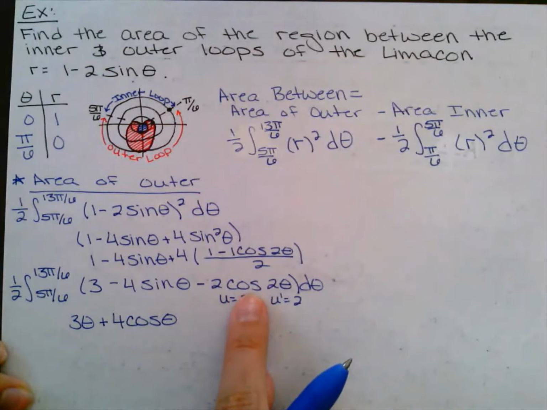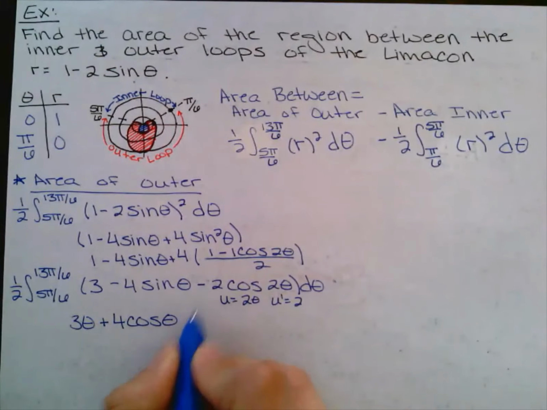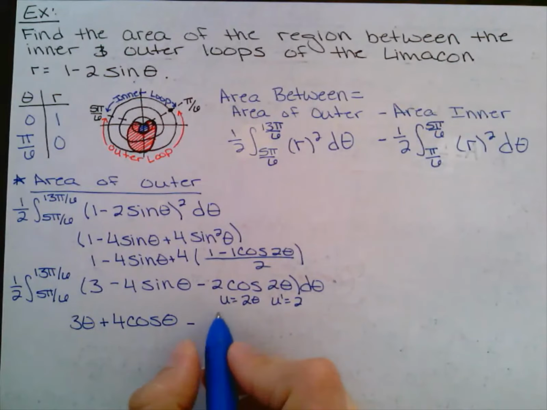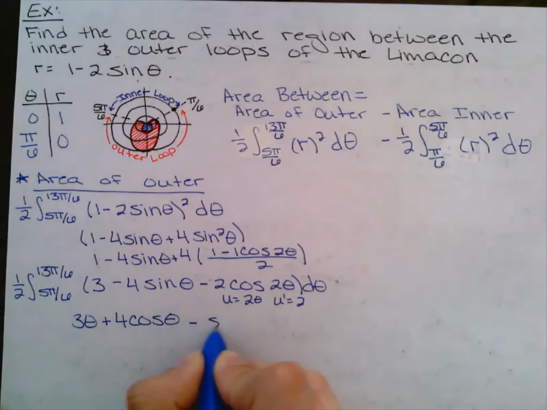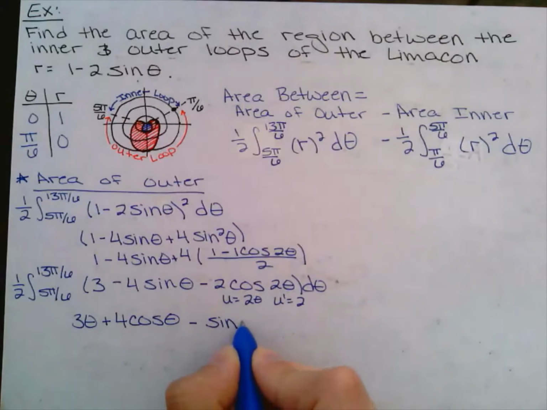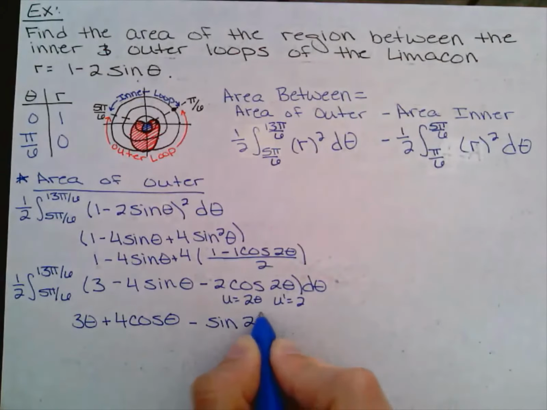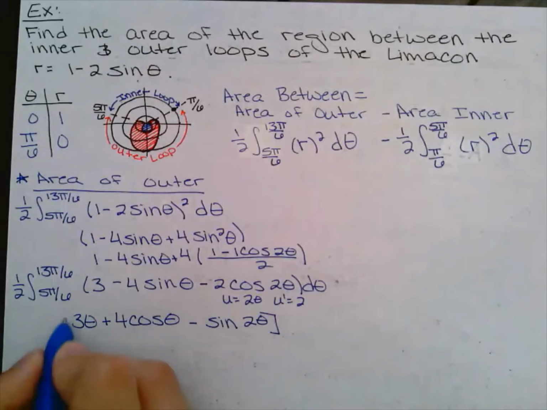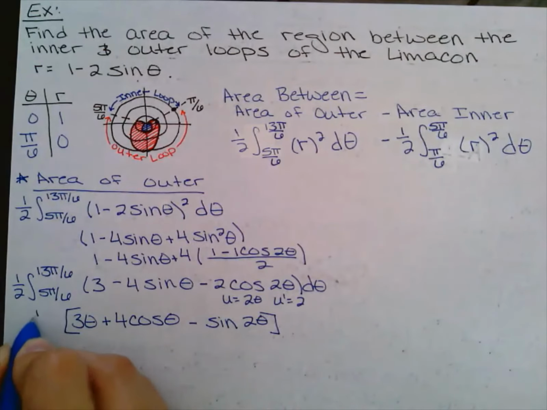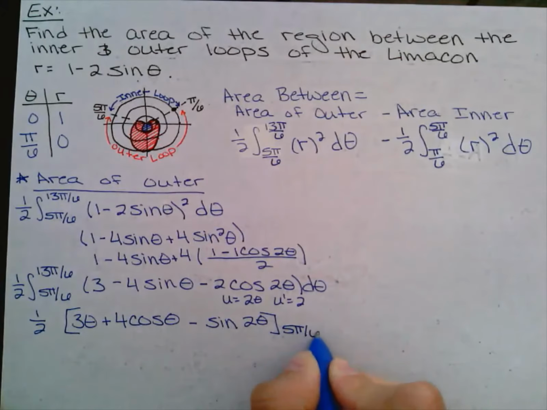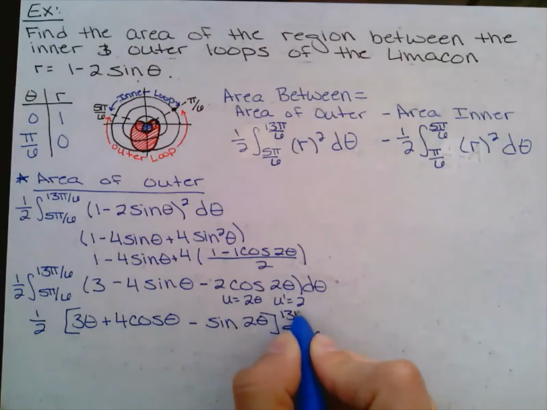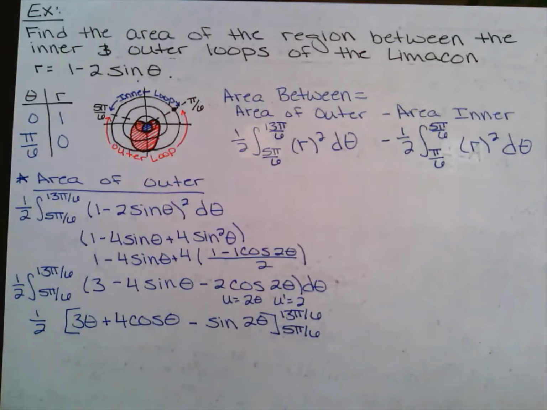Antiderivative of cosine is a positive sine, so this sign stays the same, and I can write this as just sine of u, and then replace my u with my 2 theta. I'm going to bring down this 1/2, and then I'm doing this from 5 pi over 6 to 13 pi over 6.